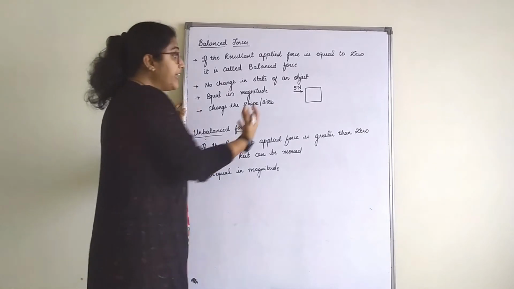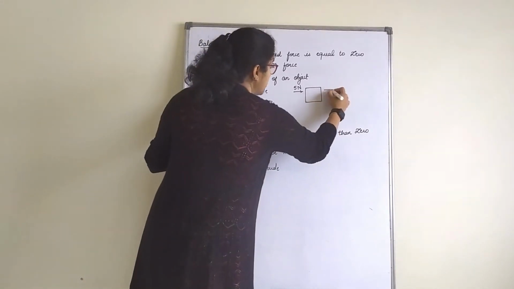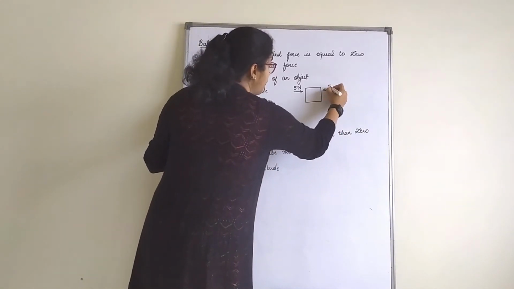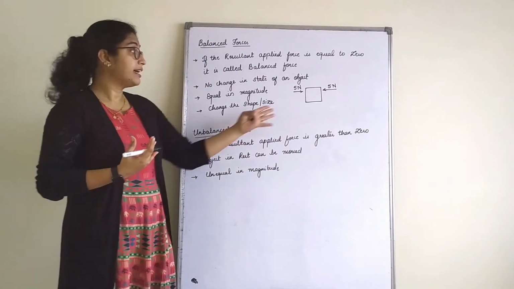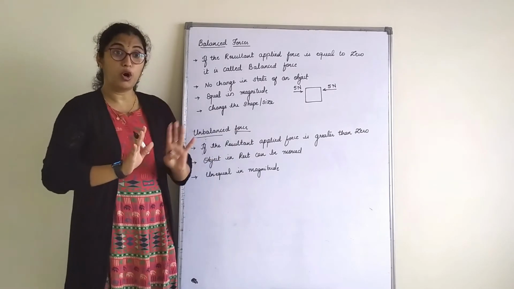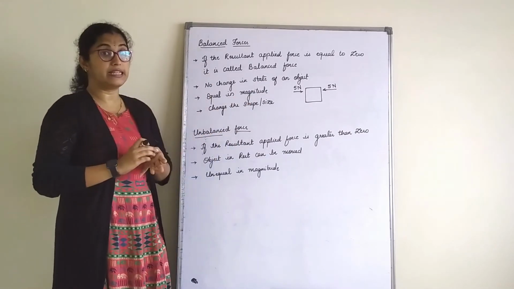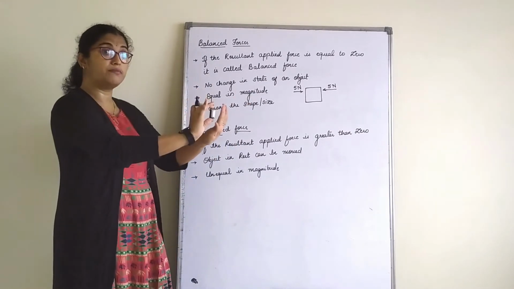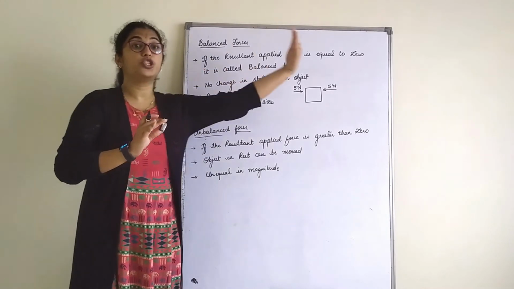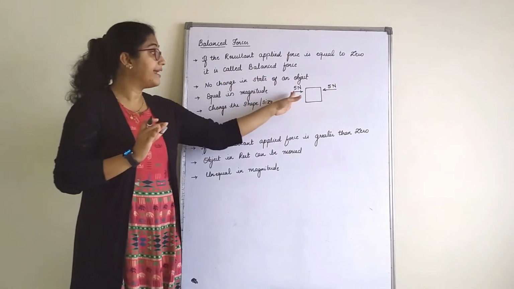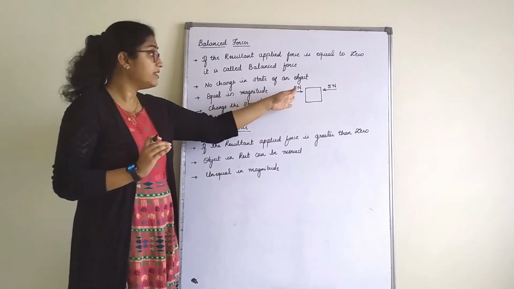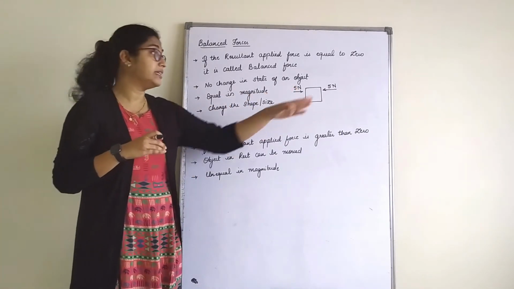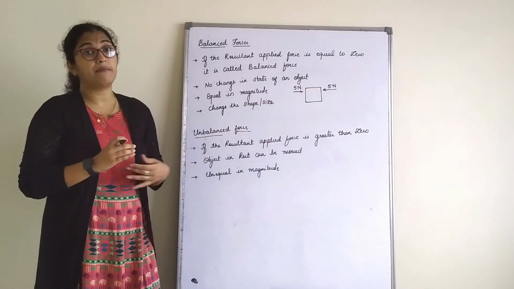But my friend applies a similar 5 Newton force on the opposite side. That means we are pushing the box from either side, and we are applying equal force. That is 5 Newton applied by me and 5 Newton applied by my friend.